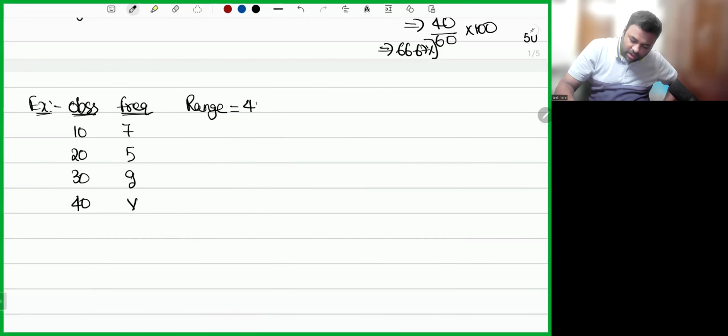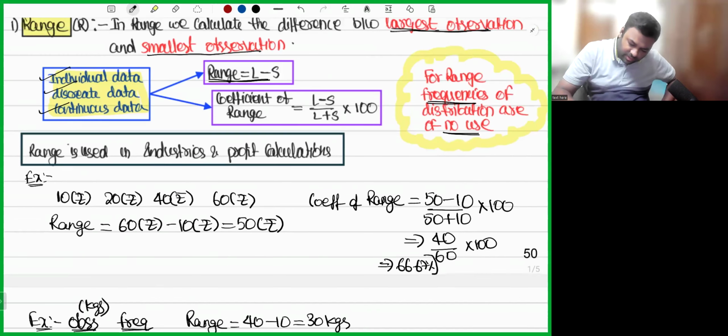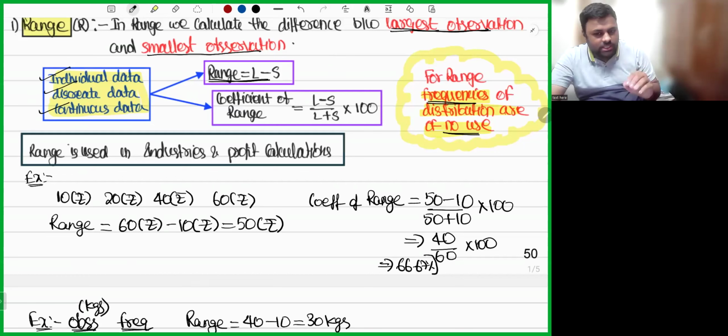Highest observation minus lowest observation. Let us take this as kgs, which equals 30 kgs. Did I use frequencies to calculate range? No, my dear friends. That's the reason I said for range, frequencies of the distribution are of no use. Let it be individual, discrete or continuous, everywhere the range formula is the same, L minus S.